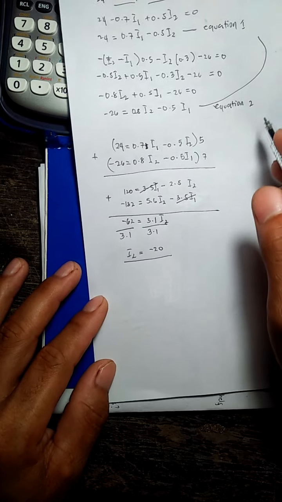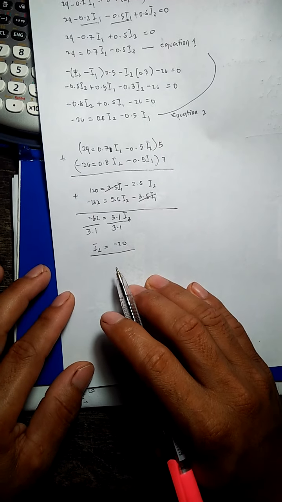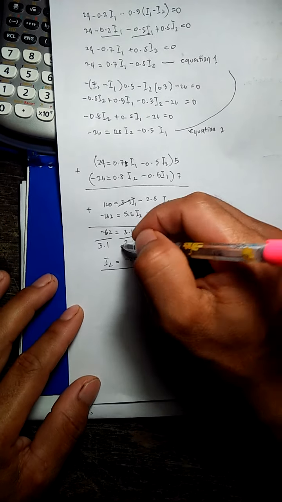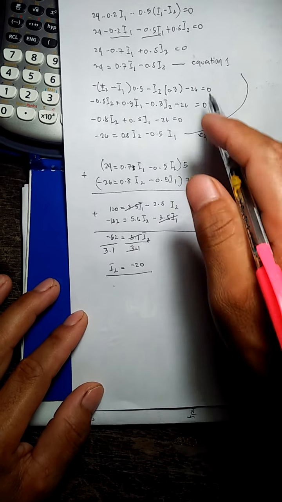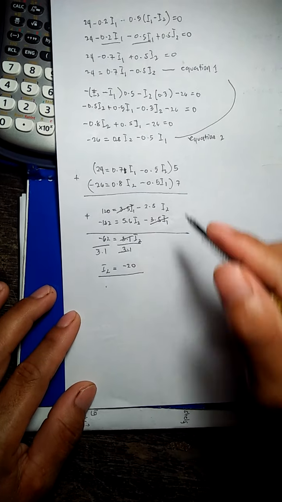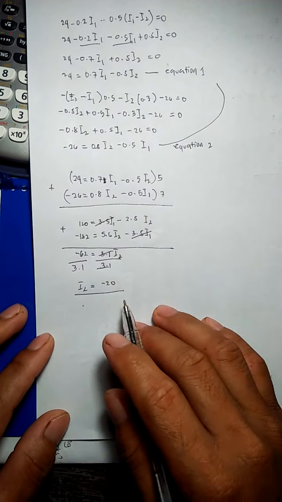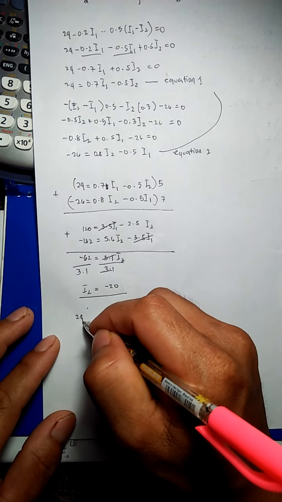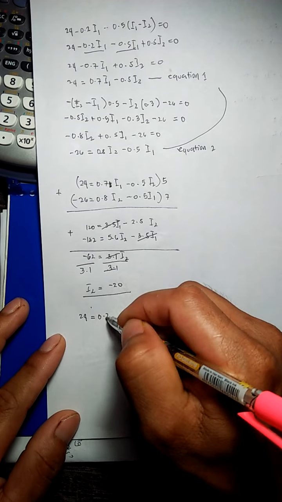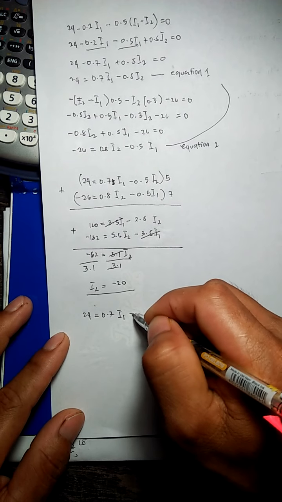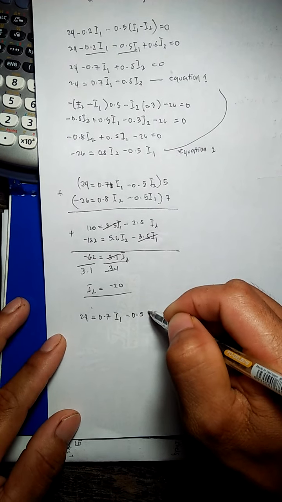Using this in equation 1, we have 24 is equal to 0.7 I1 minus 0.5 I2.